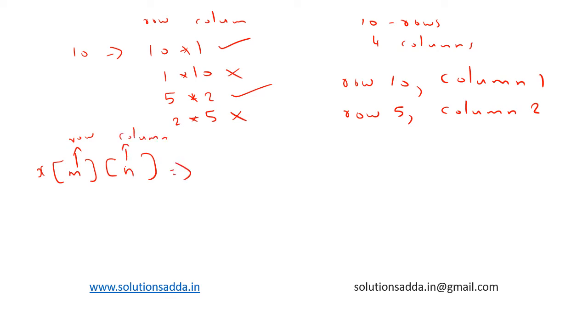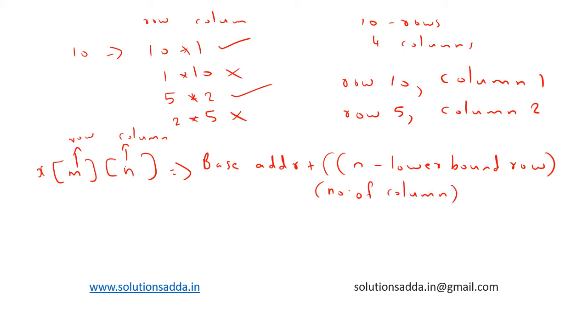The basic formula is base address plus (n minus lower bound of row) into number of columns plus (m minus lower bound of column), the whole multiplied by size of each cell. This is the basic formula.